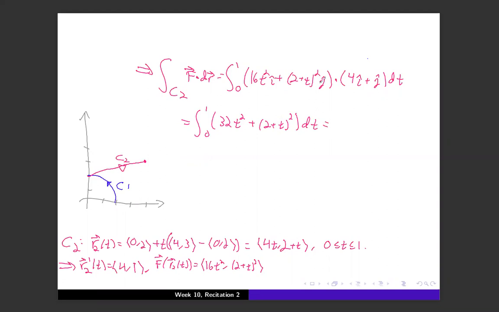I'm not going to bother going through the whole integration here because this is just basic polynomial integration. Very simple. This comes out to 83 thirds after going through that whole process.